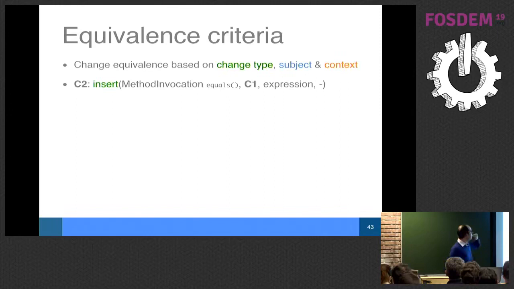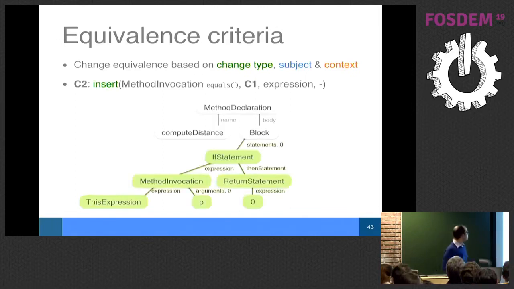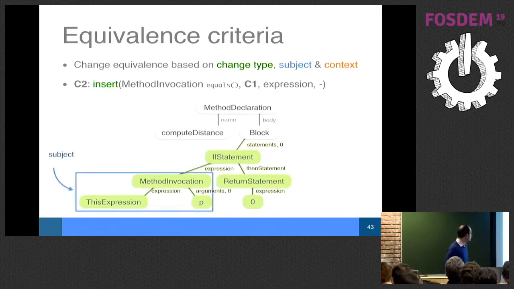The change equivalence criteria is based on the change type, the subject, and the context. The change type is pretty easy to understand, because, for example, in the case before we are adding lines of code, so in the end this is an insert. Given this edit, we know that this is the subject.